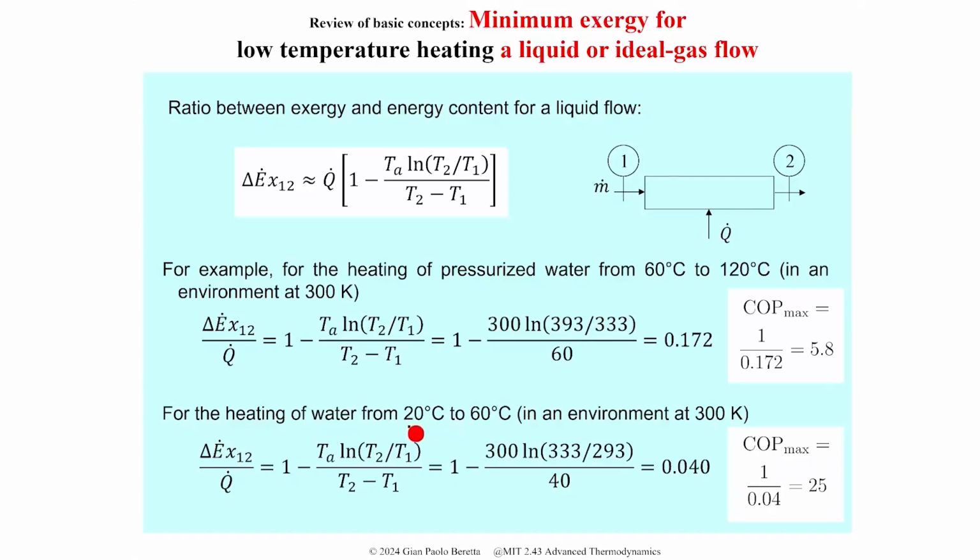If I go to lower temperatures, like in residential heating from 20 to 60 degrees at the same environment, 300 K, which is like summertime because it's 27 degrees C. In that case, the Carnot coefficient is 4%. So you take the inverse of 4%, it gives 25. Right?